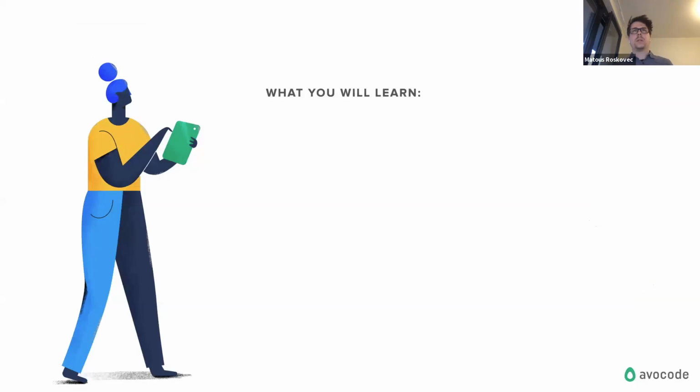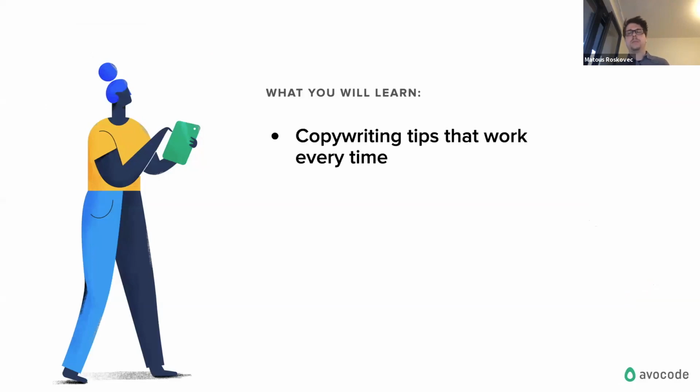Moving forward, I want you to have two key takeaways from this presentation. First, some tips and best practices you can learn from this, stuff that you should always start with. It's going to be a bit similar to what Marina was talking about, maybe a slightly different take.